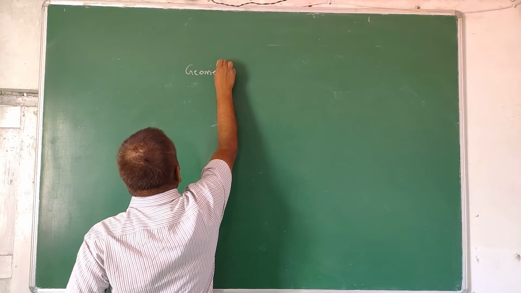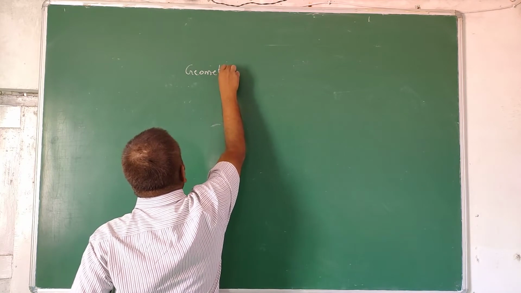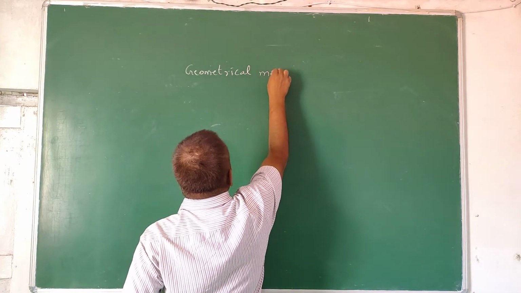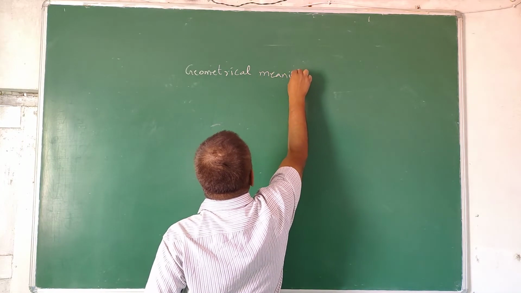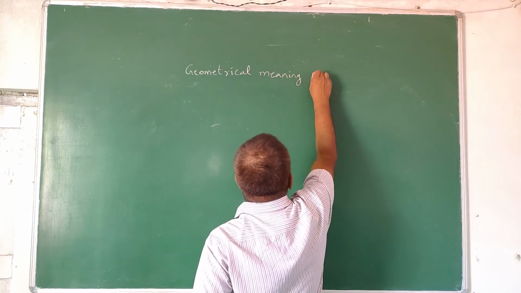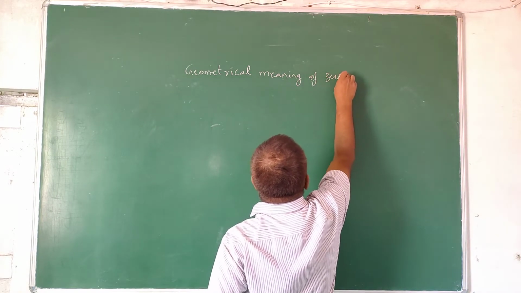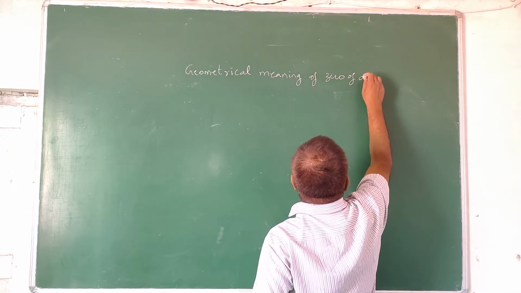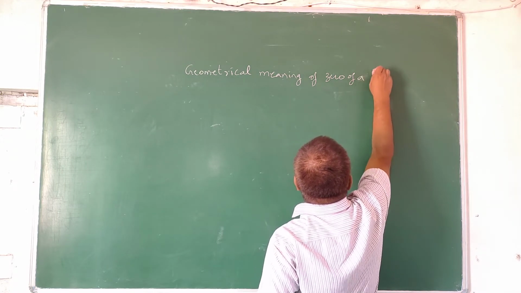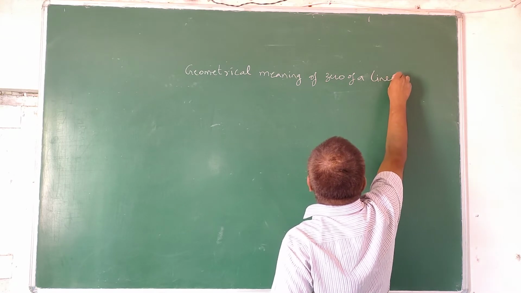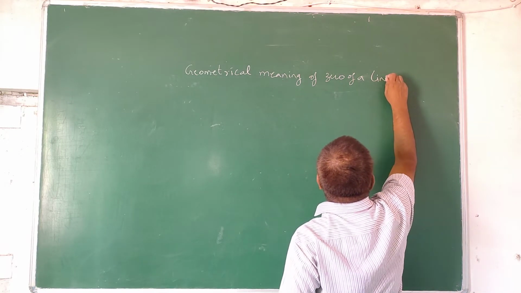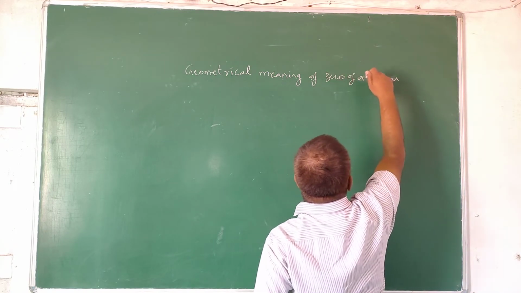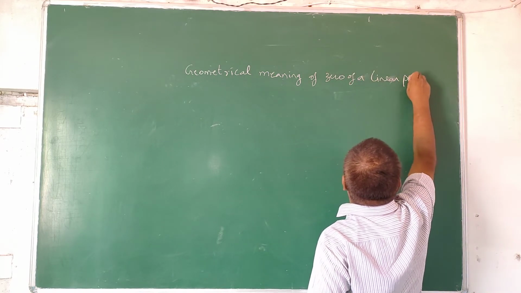We are trying to find out the geometrical meaning of the zero of a polynomial. Linear polynomial, that too here. We are going to find out the geometrical meaning of the zero of a linear polynomial.